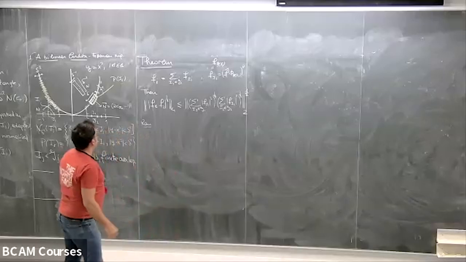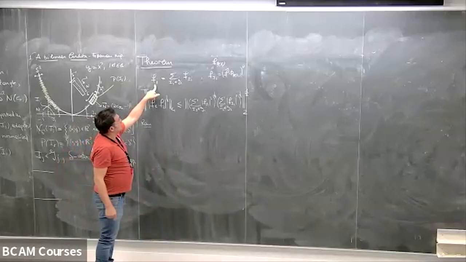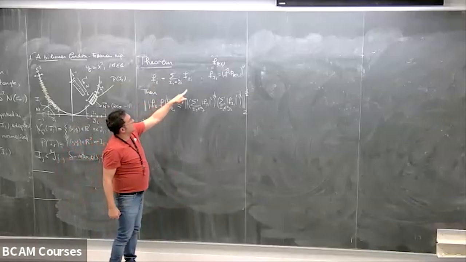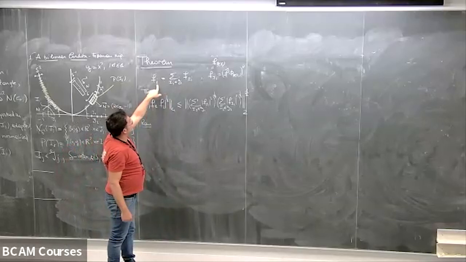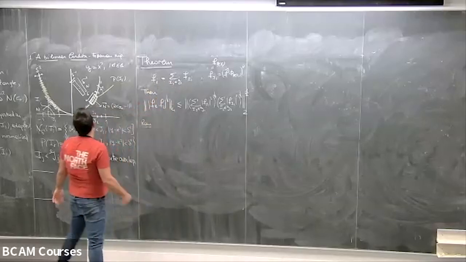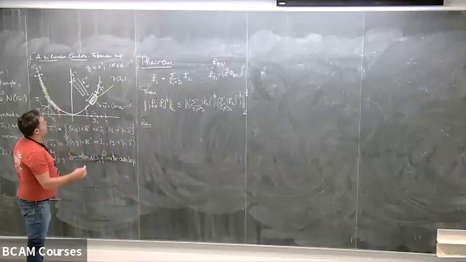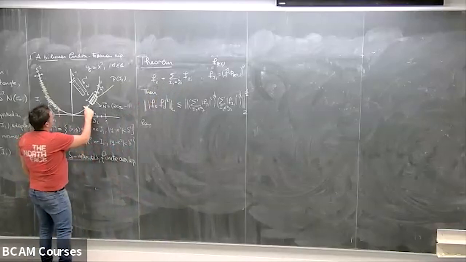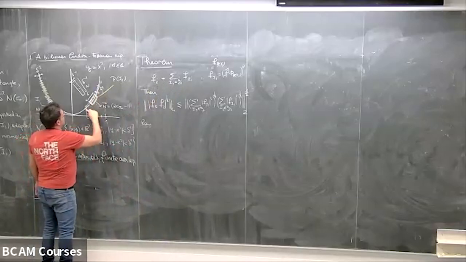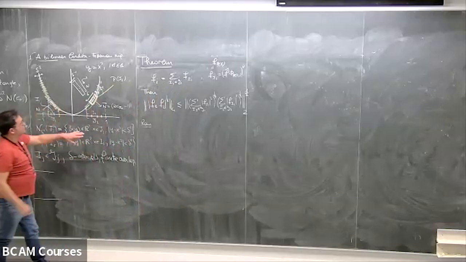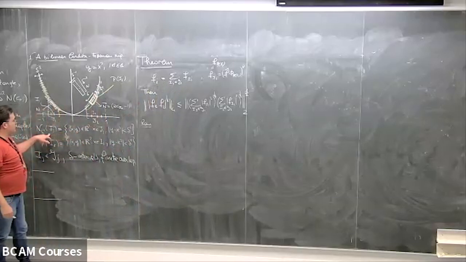Okay, let's take a fixed function f, and let's form f1 and f2 this way. You can think of f_j as the smooth restriction of the function f to this neighborhood.